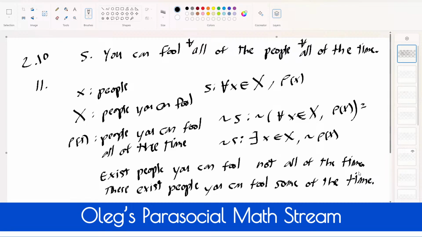Now, I went with exist people. Probably more accurate would have been this. I defined X as people. They defined X as person, and then the members are people you can fool. So let's just clean that up a little bit. All right.